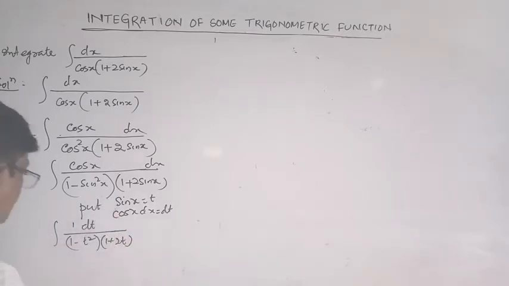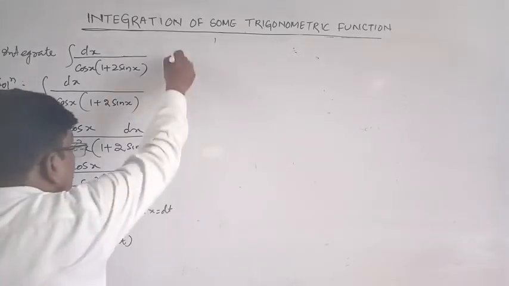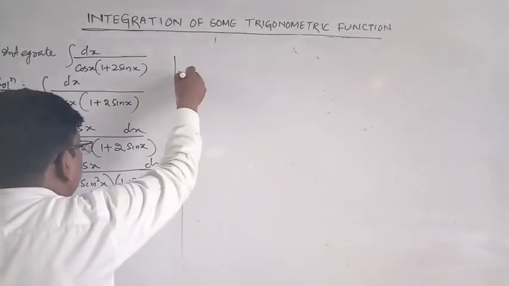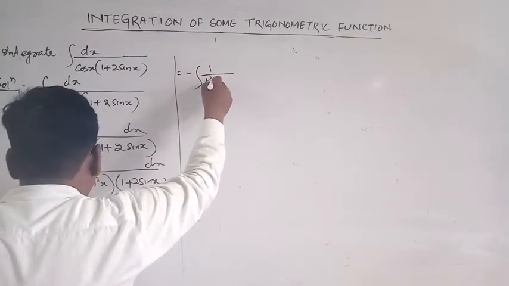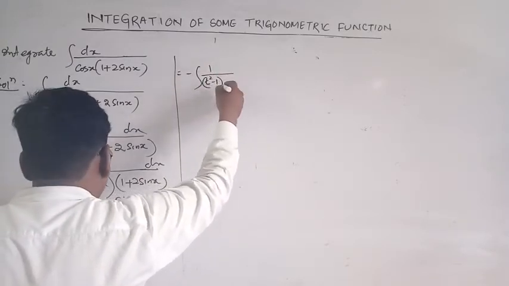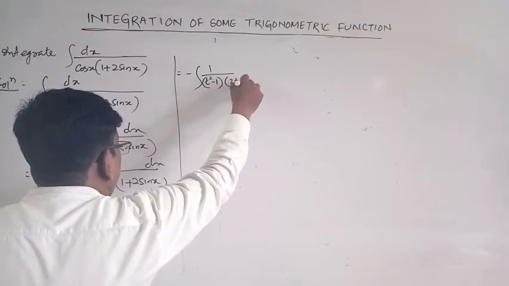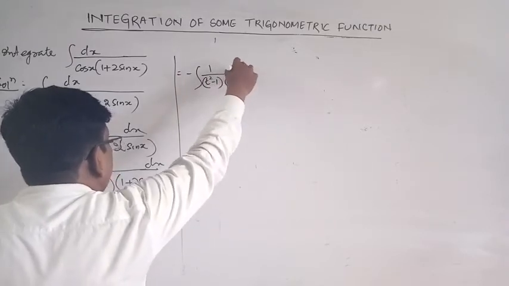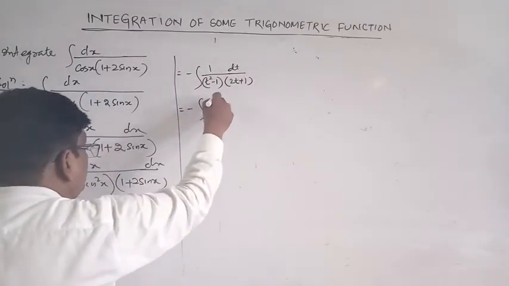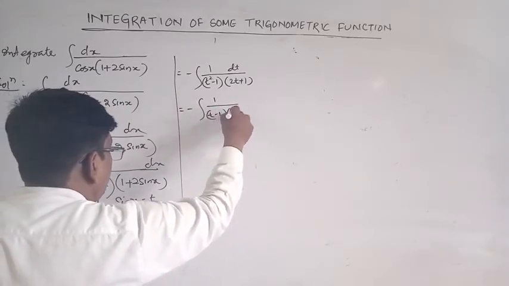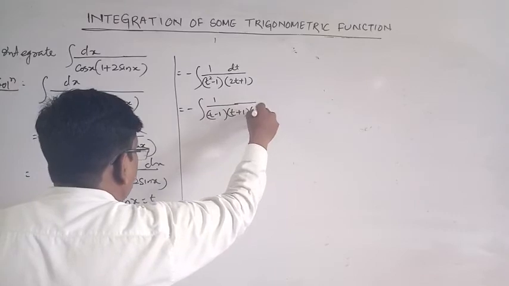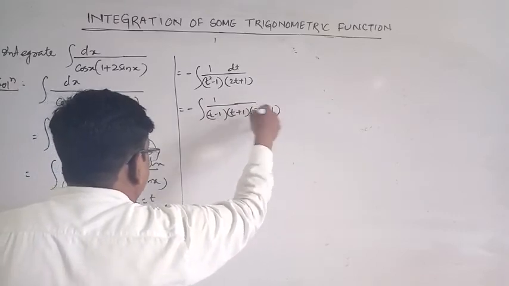Or we can write, taking minus common, minus 1 by t square minus 1 into 2t plus 1 dt. Also this is 1 by t minus 1, t plus 1, into 2t plus 1.